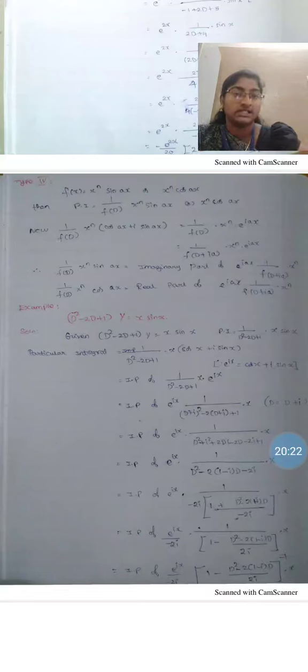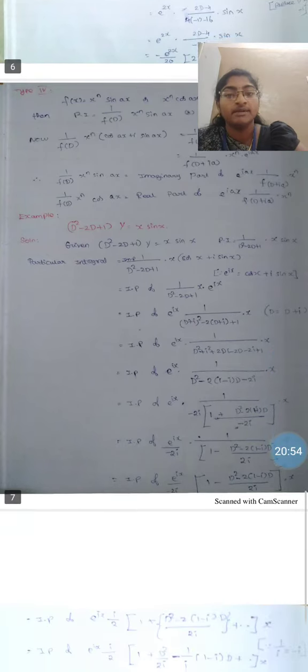Our particular integral will become 1 by f of D times x power n sin ax or x power n cos ax. See how it is changing: x power n times (cos ax plus i sin ax), changing this into e power iax. Again we are replacing d by d plus ia. The imaginary part is sin ax and the real part is cos ax.